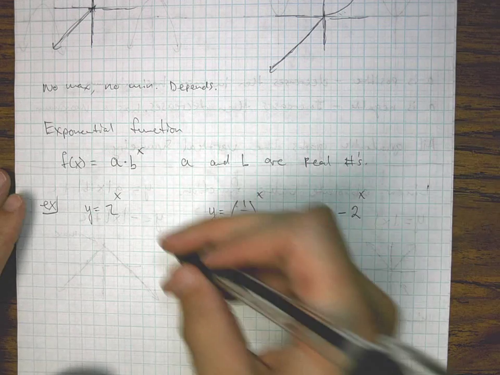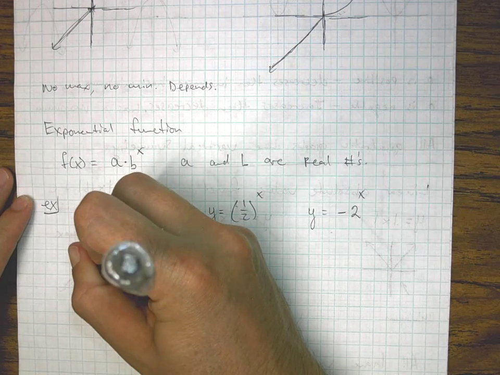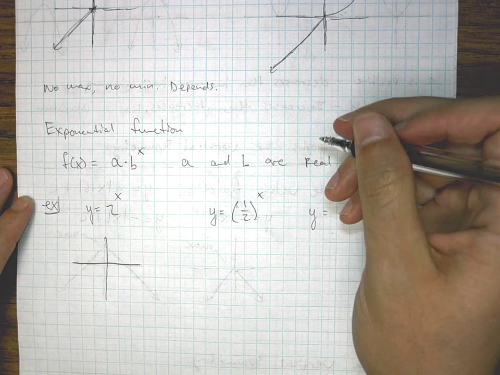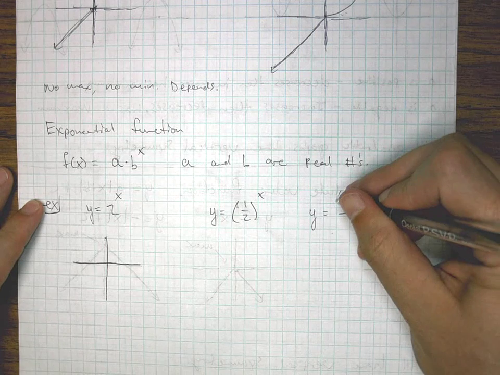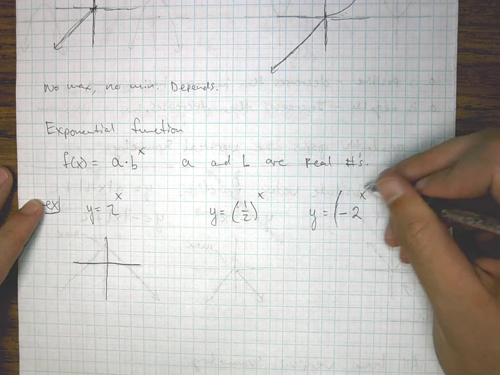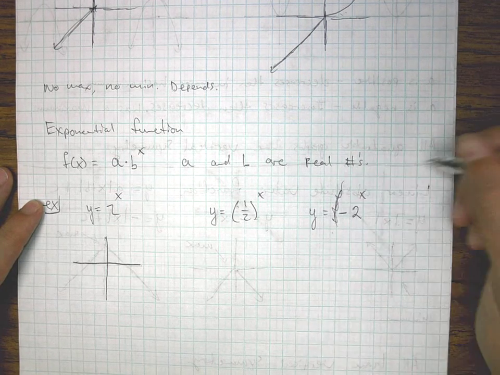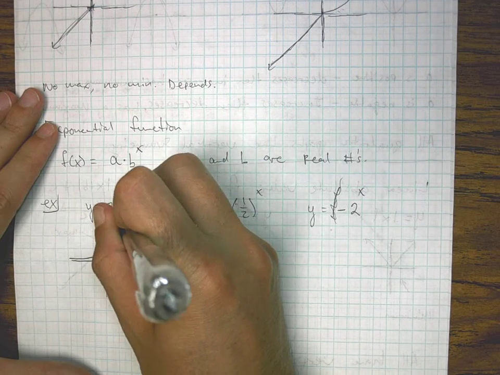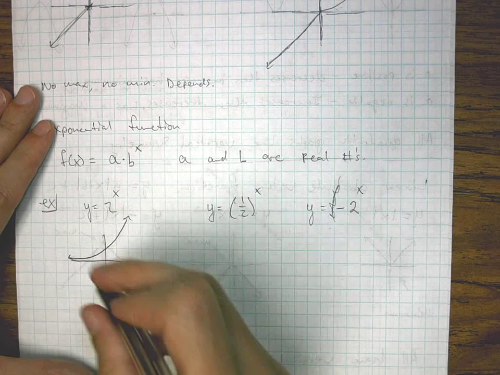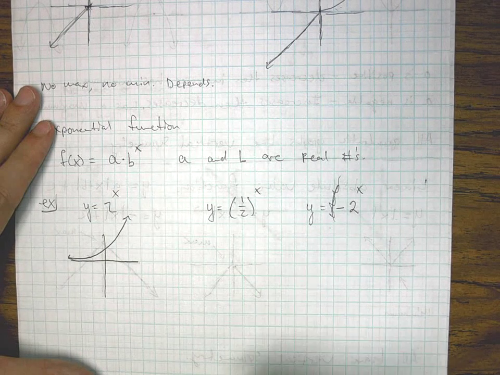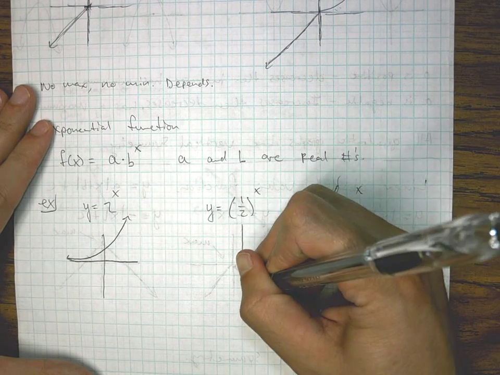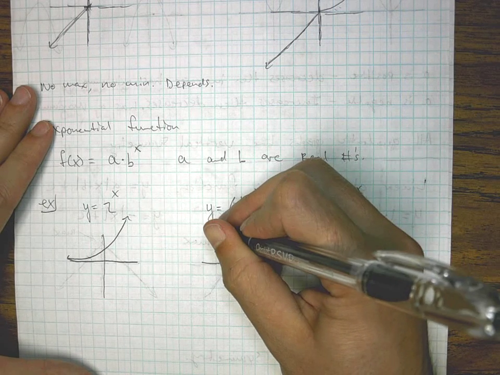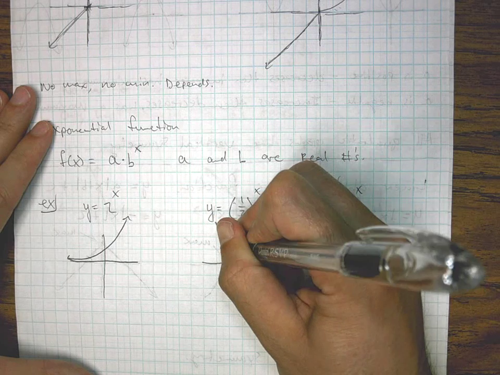Okay, so 2 to the x will look like this. Actually, let me make this clear a little bit. Whoops. Ignore that. I'll have another example later. So 2 to the x will look something like this. It's a curved graph. It looks similar to quadratic, but it doesn't loop up on the other side. This one, however, comes down and evens out.